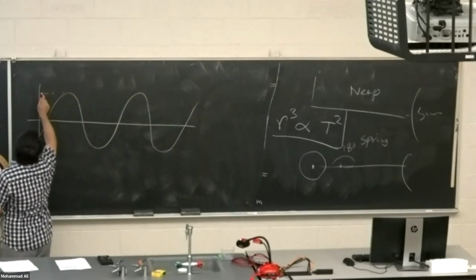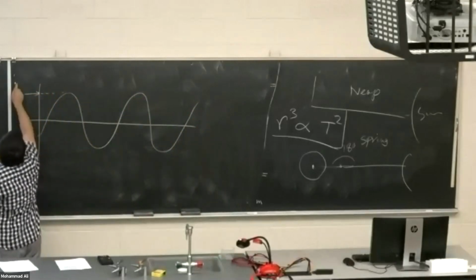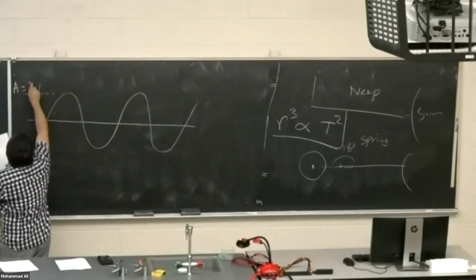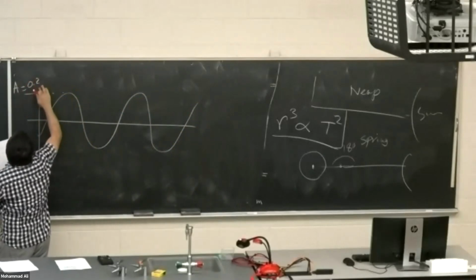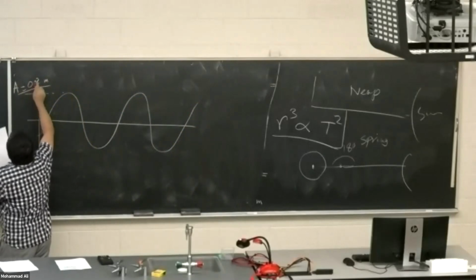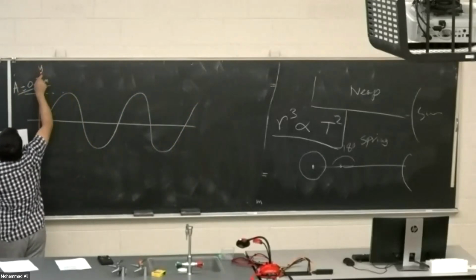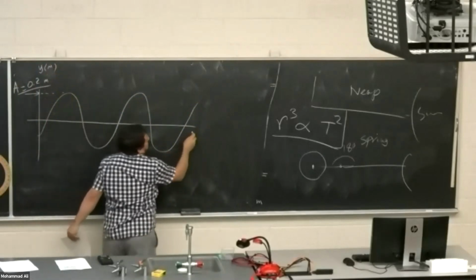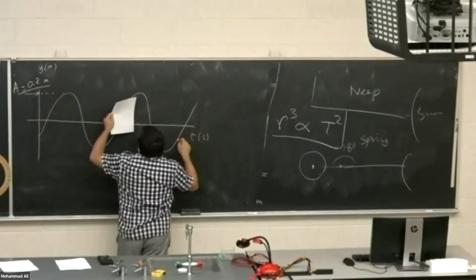We have the amplitude here, A, which is the maximum displacement. It is equal to 0.2, the units in meters, because this is y in meters, and here the time in seconds, I think.